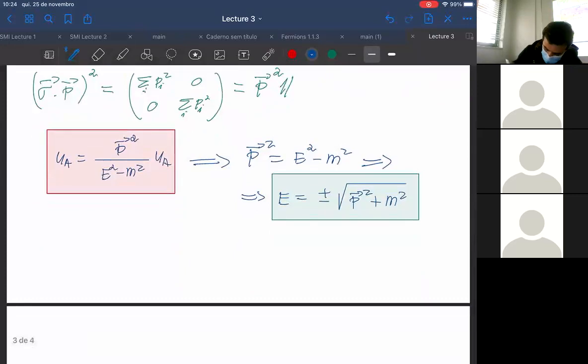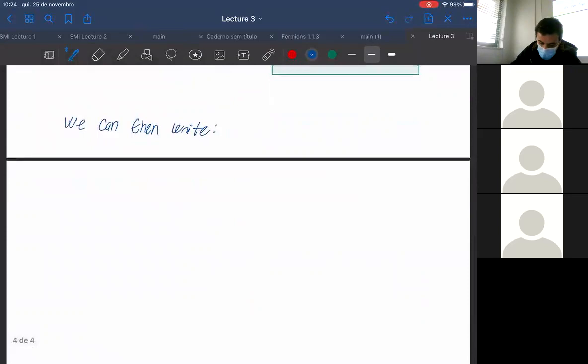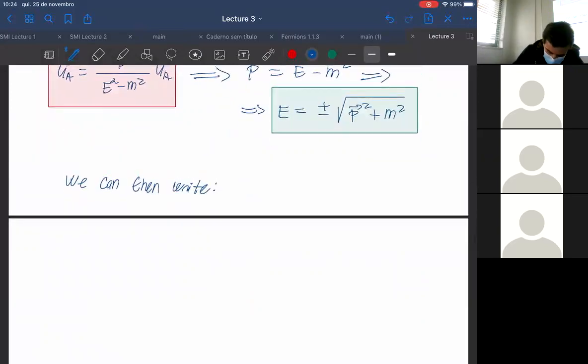We can then write right here the following. Something that I will call U plus. This is a four spinor, U plus, with a certain normalization constant.